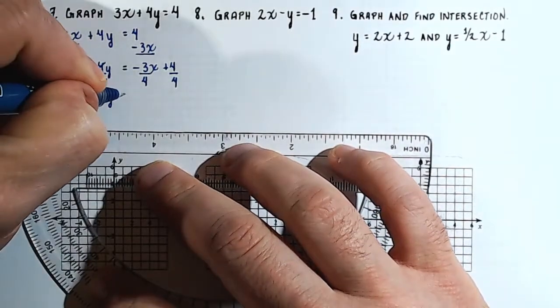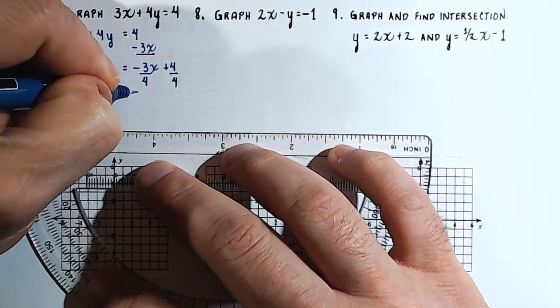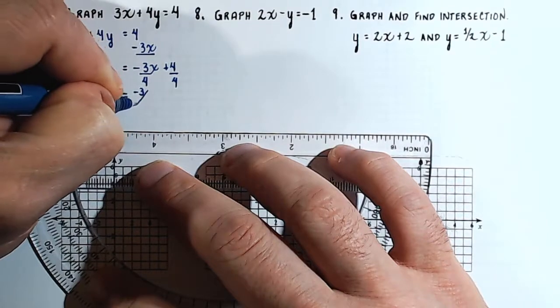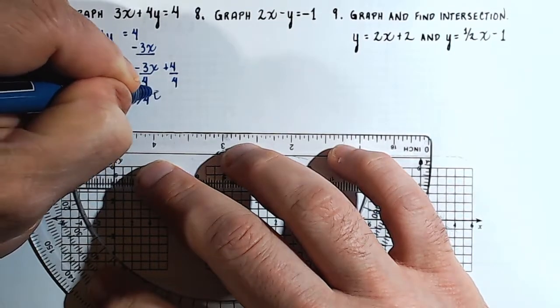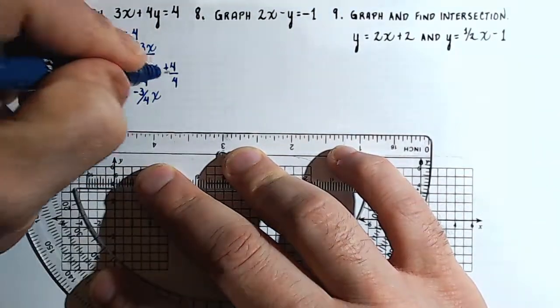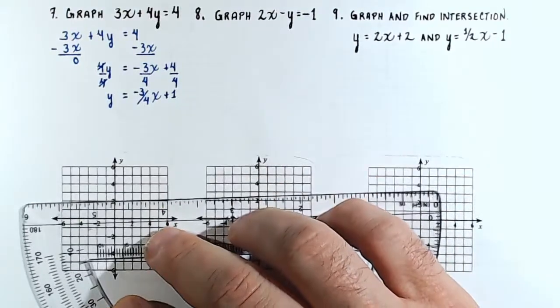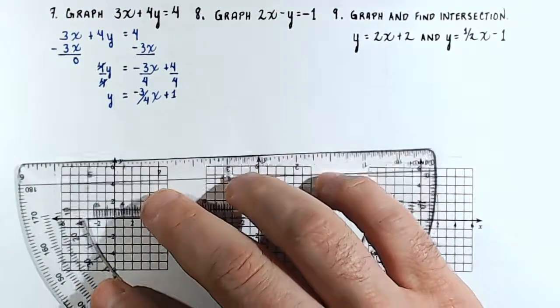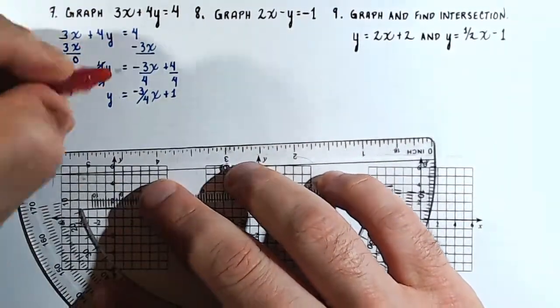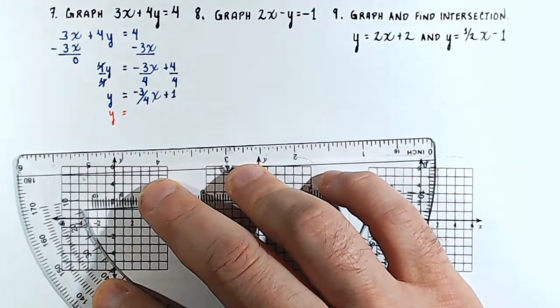Y equals negative 3/4 x plus 4 divided by 4 is 1. What I've got here is an equation in slope-intercept form. Y equals mx plus b.